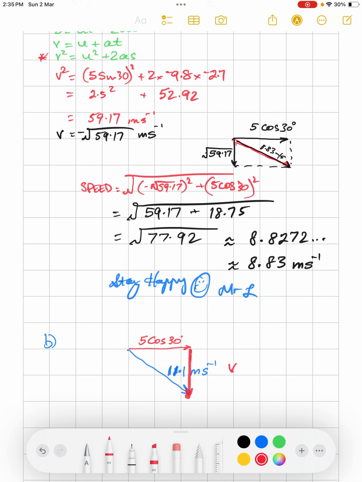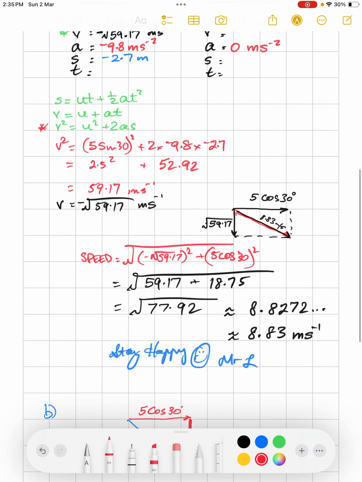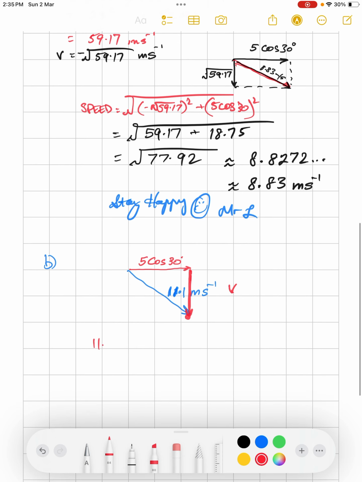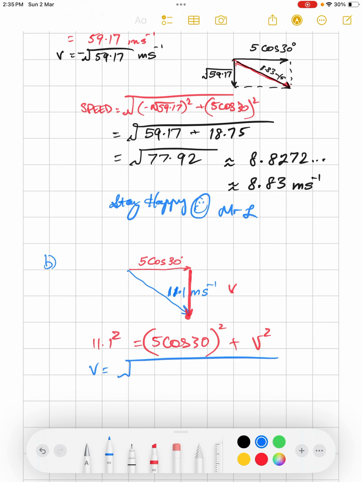The vertical component will be using Pythagoras. 11.1 squared equals 5 cos 30 squared plus that v squared. So we've got v is the square root of 11.1 squared minus 5 cos 30 squared, and let's do that calculation.